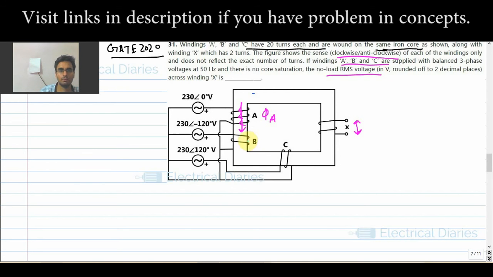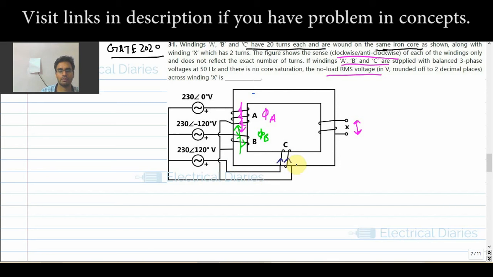Now for B winding, let me mark the direction of current. It will be in this fashion. If I curl my fingers in the direction of current, my thumb is pointing upwards. So this is your phi B. Now for C winding, let us show the current directions.